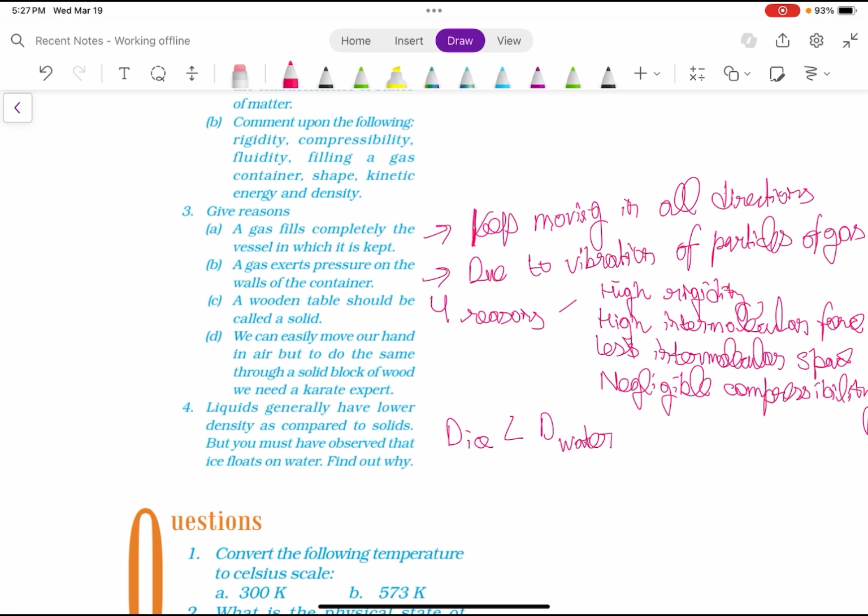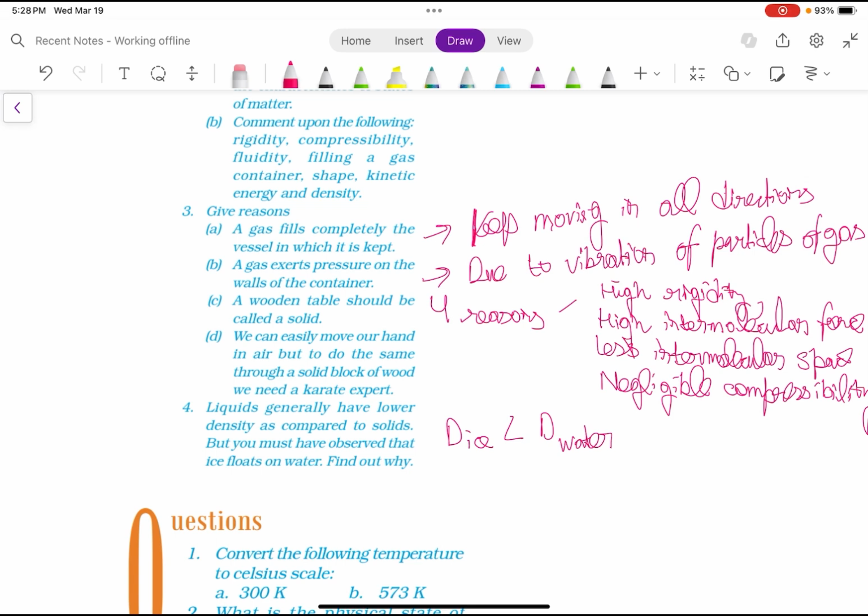This unusual behavior is due to the molecular structure of water and the way it forms hydrogen bonds. So we can say, to explain this question, that the water molecules are held by hydrogen bonds.